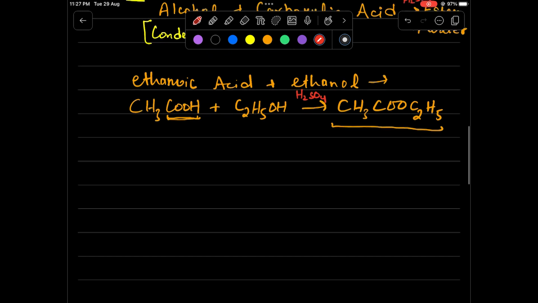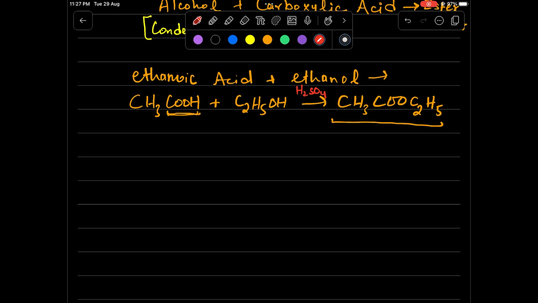There are two things you have to keep in mind here. The very first thing is to make the formula for this thing. I'm going to bring this down. This is the ester. It's something like this: CH3, C, then the oxygens, then another carbon, and then you complete the hydrogens for each carbon.